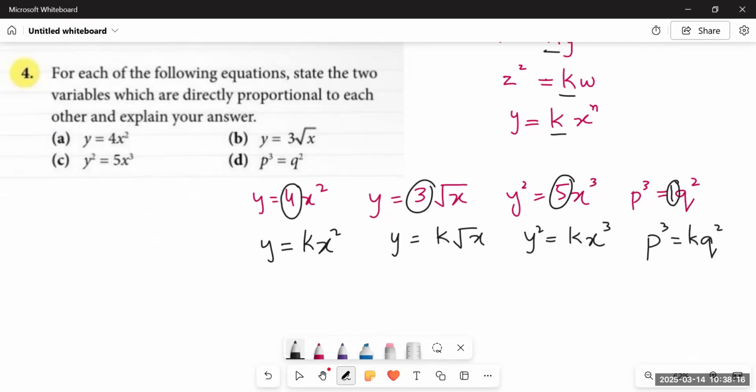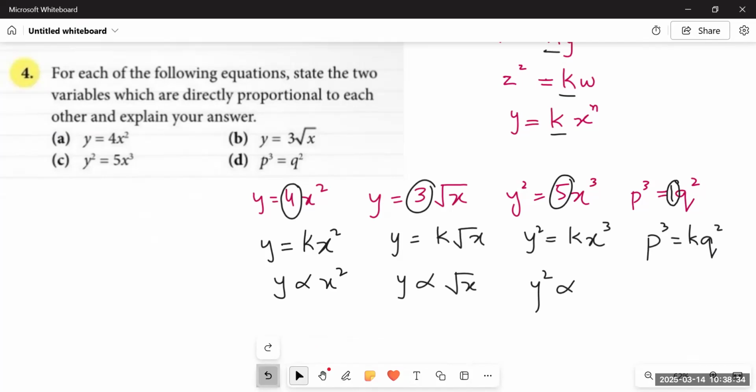In all these situations, this k is the constant, and since k is the constant, we can say that y is directly proportional to x square, y is directly proportional to under root x, y square is directly proportional to x cube, and p cube is directly proportional to q square. In all these situations, what are we doing?